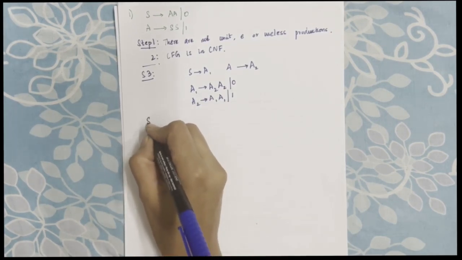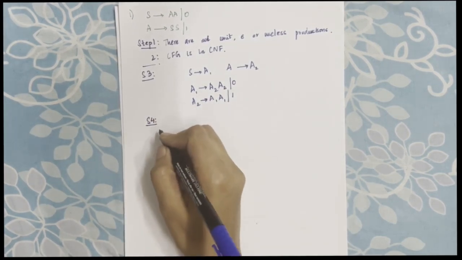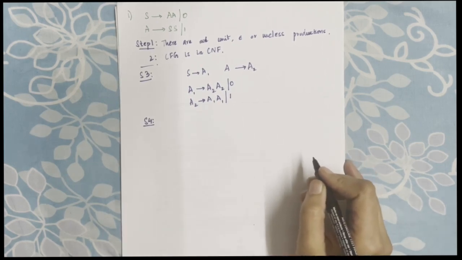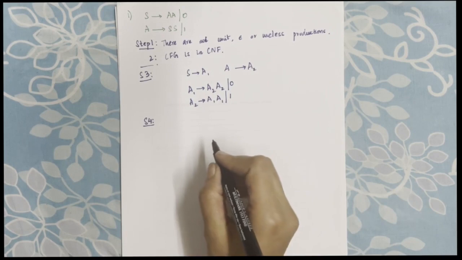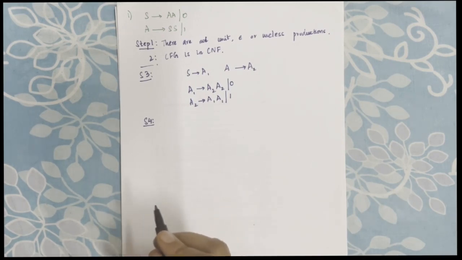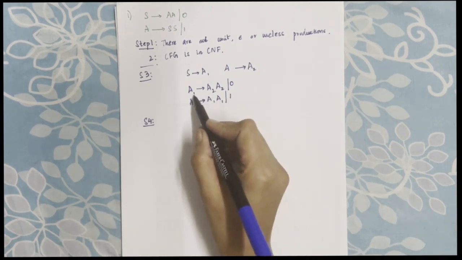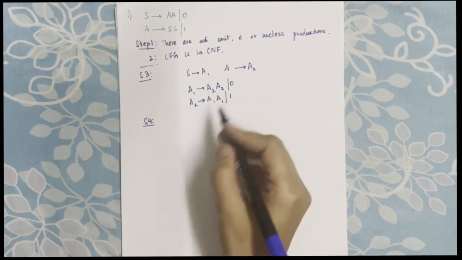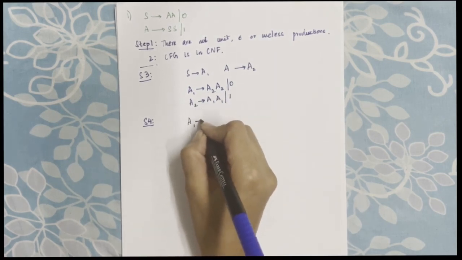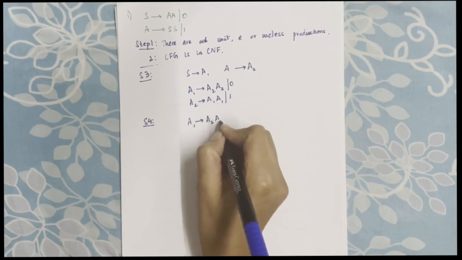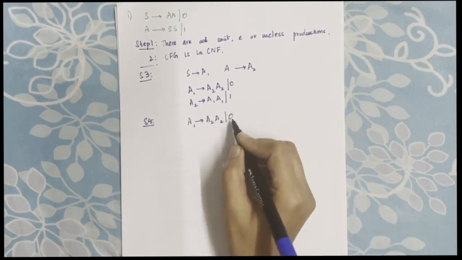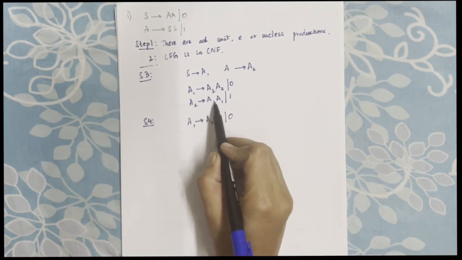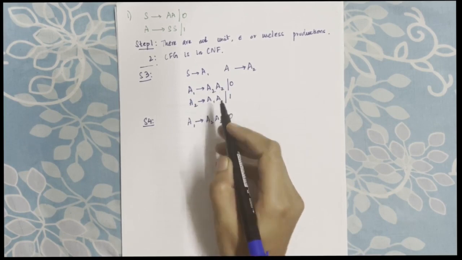Step number 4 is to order the productions such that the number on the left is lesser. So now this is no problem. A1 gives A2 A2 or 0, I write as it is. And then for this A1, I will substitute this value here.